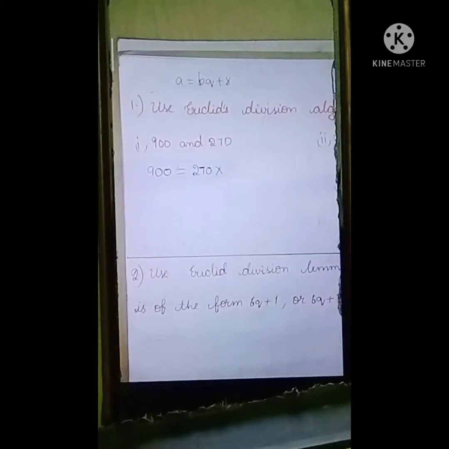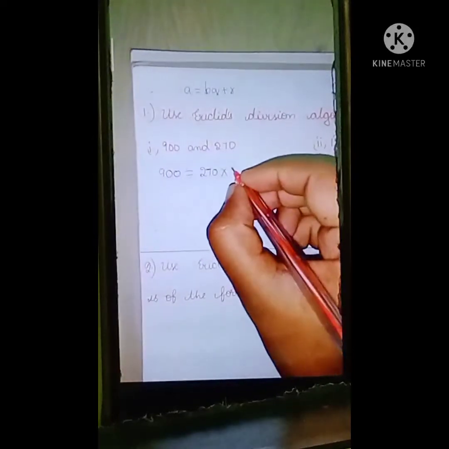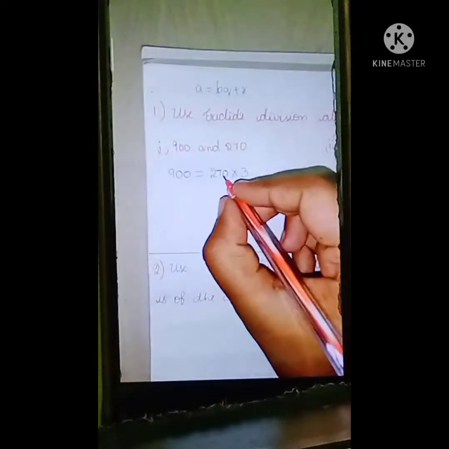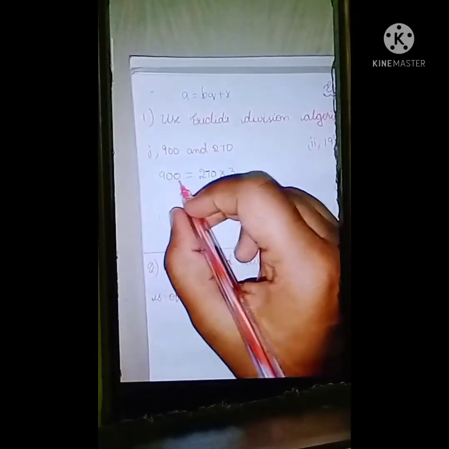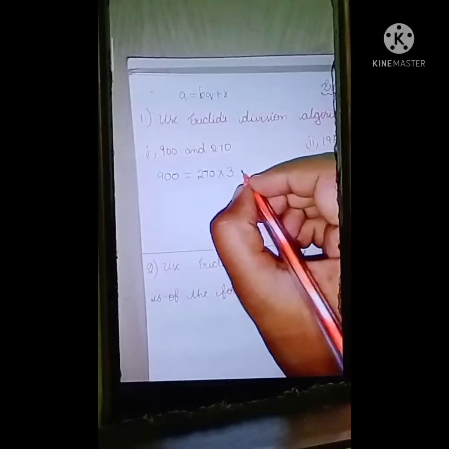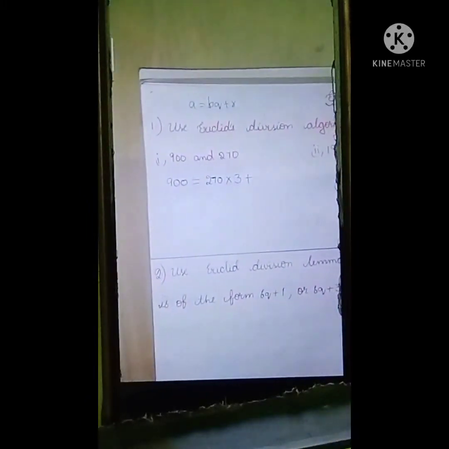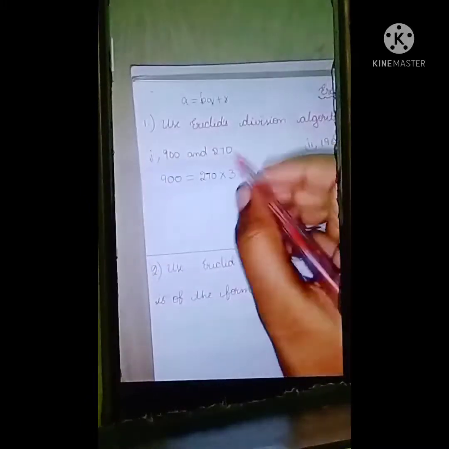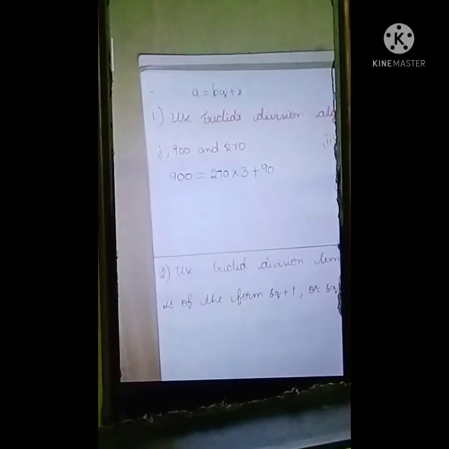By division you get the answer easily, that is 270 into 3. I write 3 because if I write 270 into 4, it gives a value more than 900. So I am writing 270 into 3.